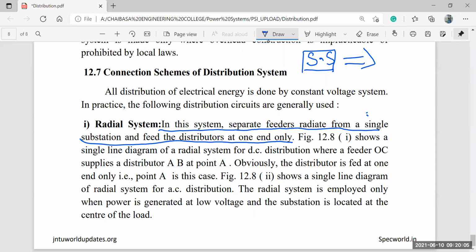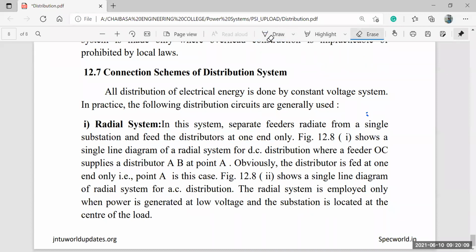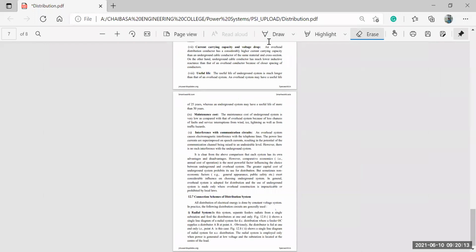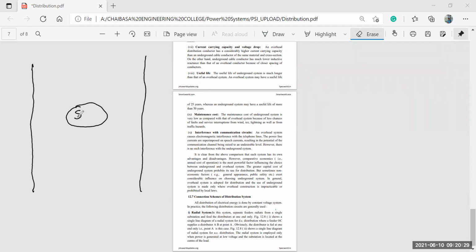Okay, so if we draw this particular segment in a more elaborated way, this is your one distributor, this is your another distributor, and this is your substation.